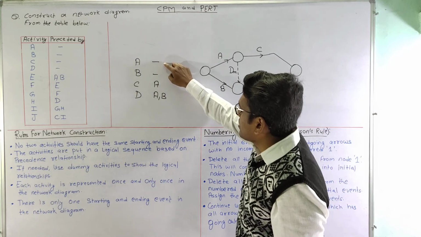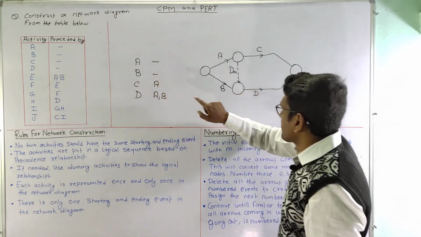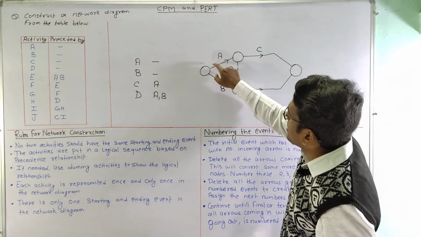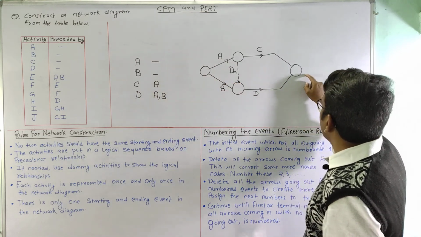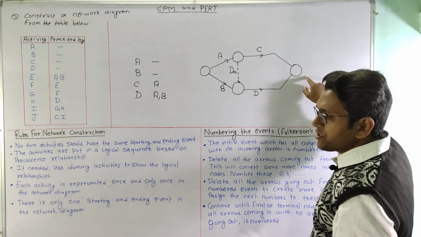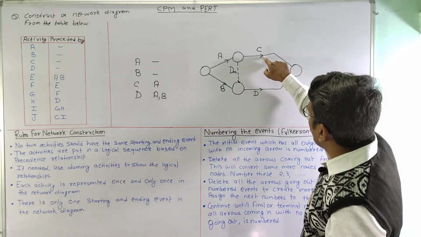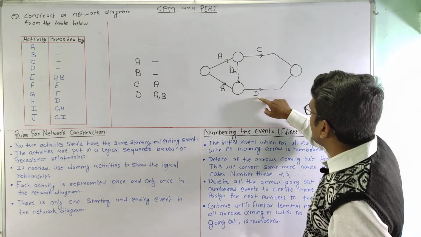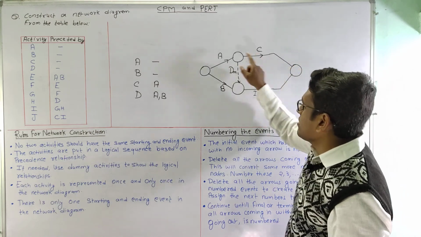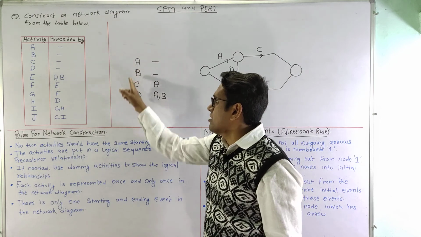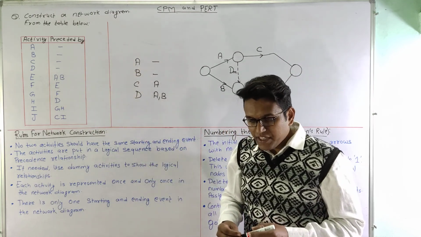So as per these four activities, this is our starting node where unpreceded activities A and B start, and this is our finishing node where all the remaining open activities end. So this is the network diagram for these simple activities.